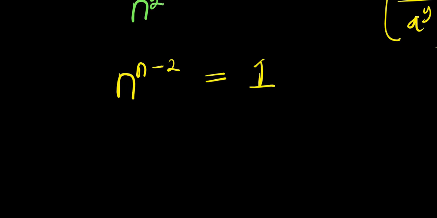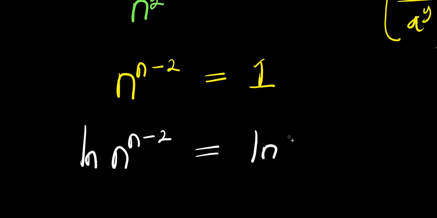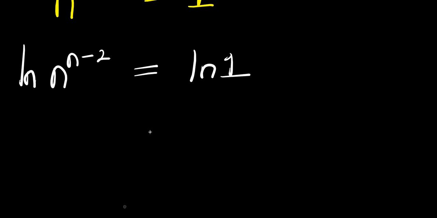So right now, the next step will be to apply natural log of n^(n minus 2) equals natural log 1. And if you have natural log a^b, this equals b times natural log a.